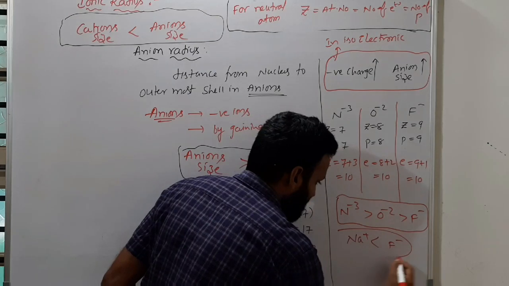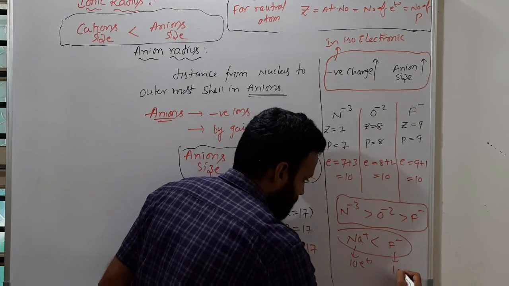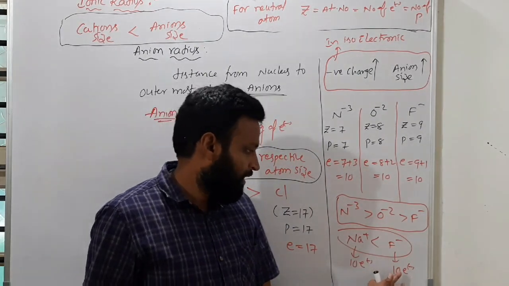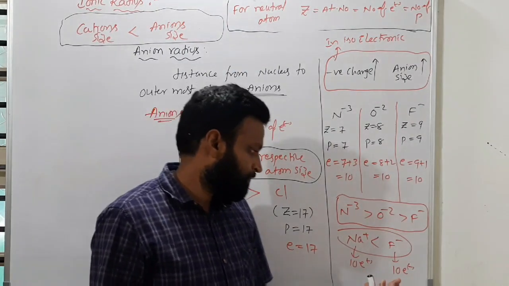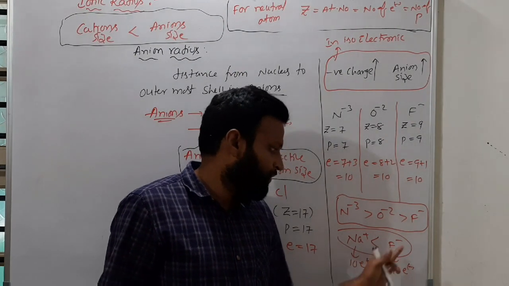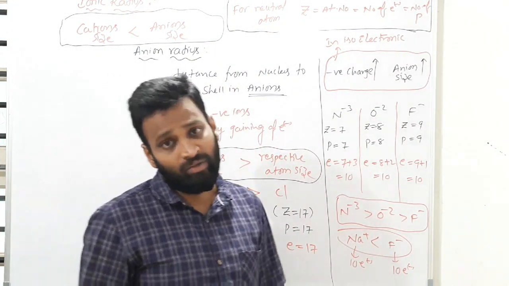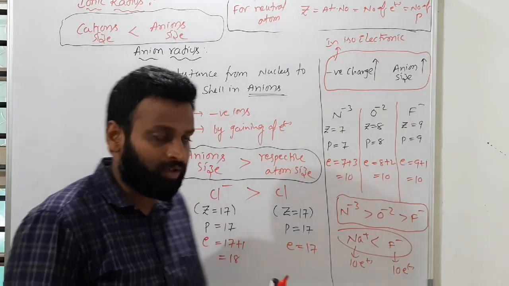So here Na plus and F minus both have 10 electrons actually. But what is the problem here? Anions mean electrons are more than protons. So without thinking, you can say anions have more radius than cations. This is also very, very important for us.